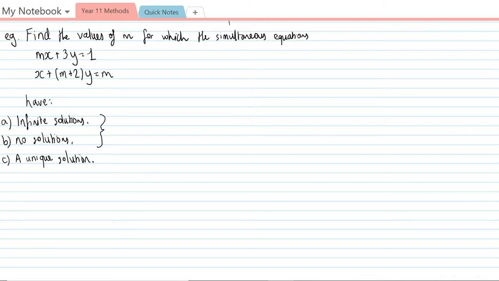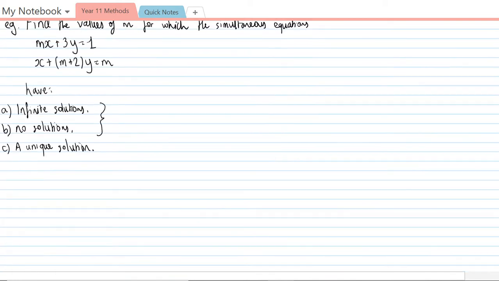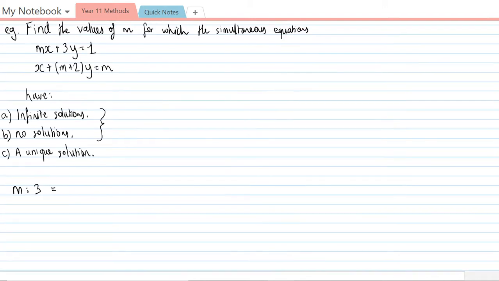So to begin with, I'm going to say m to 3 must be equal to 1 to m plus 2. So I've put the two ratios equal to each other.